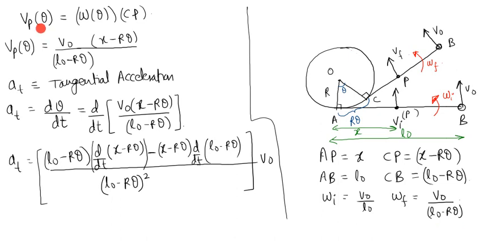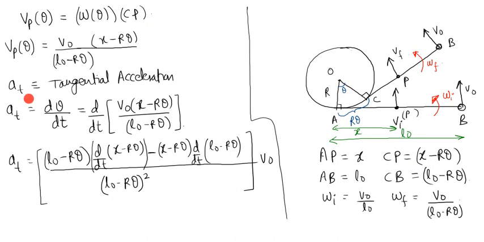Now the velocity of point P as a function of theta can be written as omega into the distance of point P from the instantaneous center of rotation, which is this length CP. So Vp is omega of theta into CP, which is v0 upon L0 minus r theta multiplied by CP. And this CP I have also calculated here, which is x minus r theta.